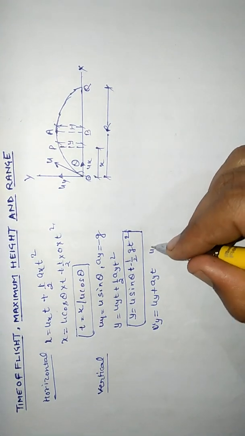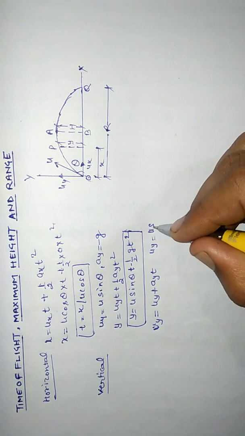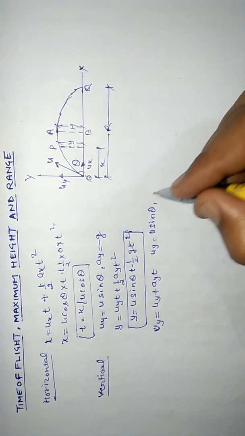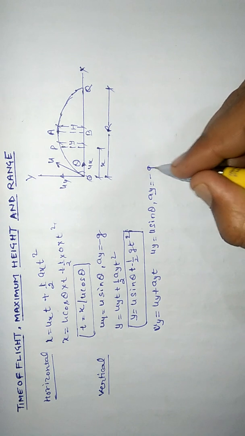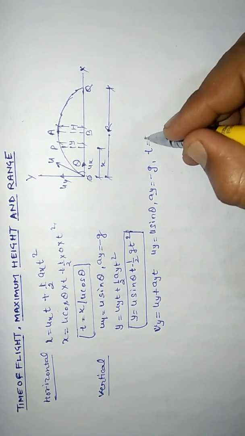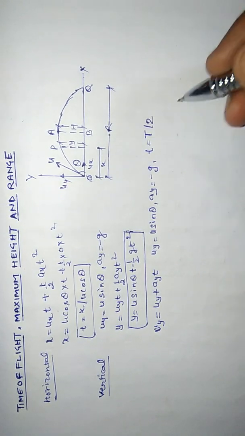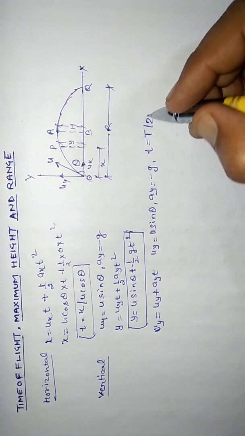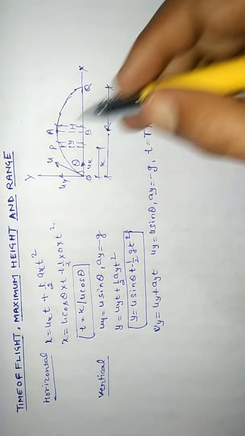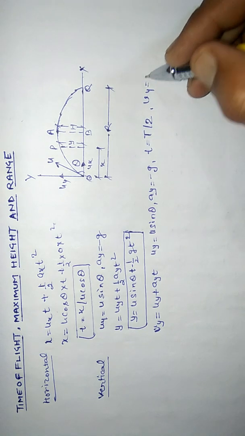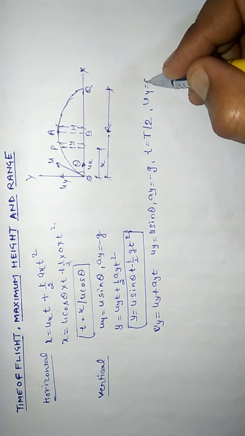Here Uy is equal to u sin theta and Ay is equal to minus g, and the time is equal to t by 2, and Vy, because at the highest point, Vy will be 0.